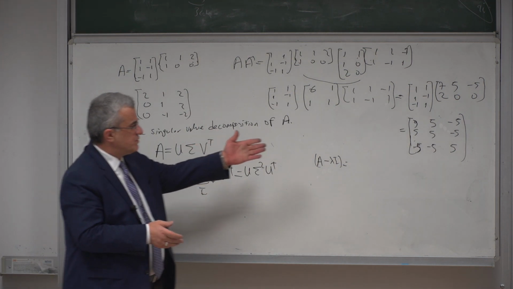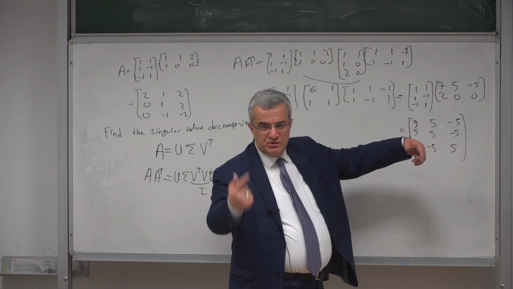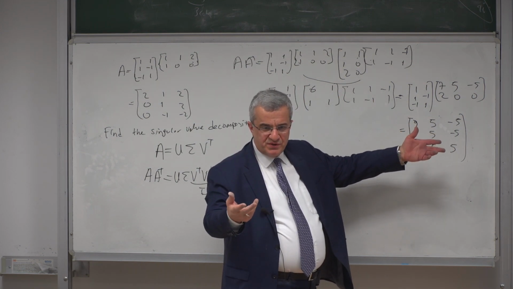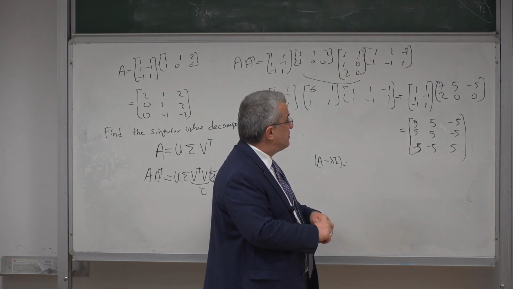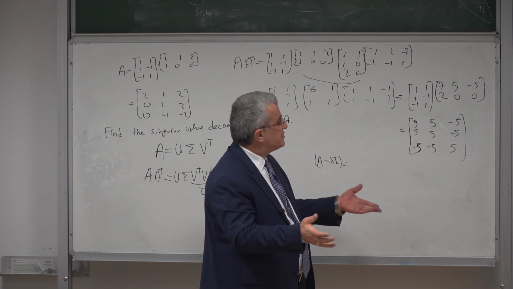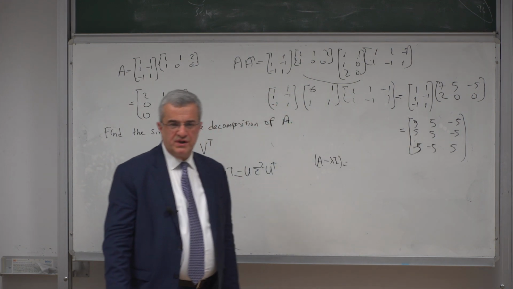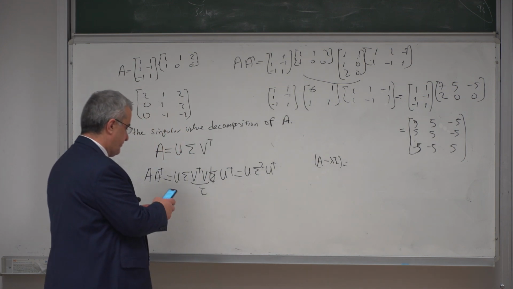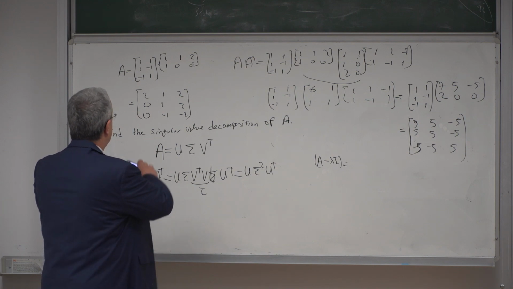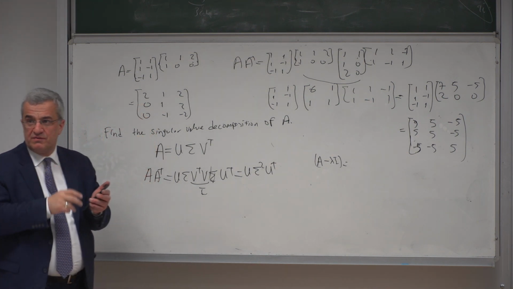This has, of course, rank 2, so one of the eigenvalues is lambda equal to 0. So we know one of the eigenvalues, and the other two are real, and we should be able to find them. I will also solve it myself. And let's post this on the website.